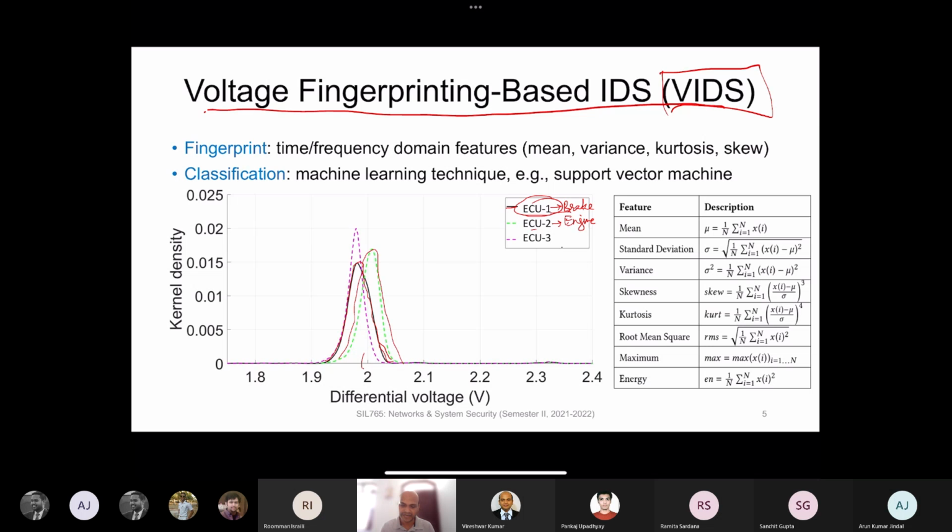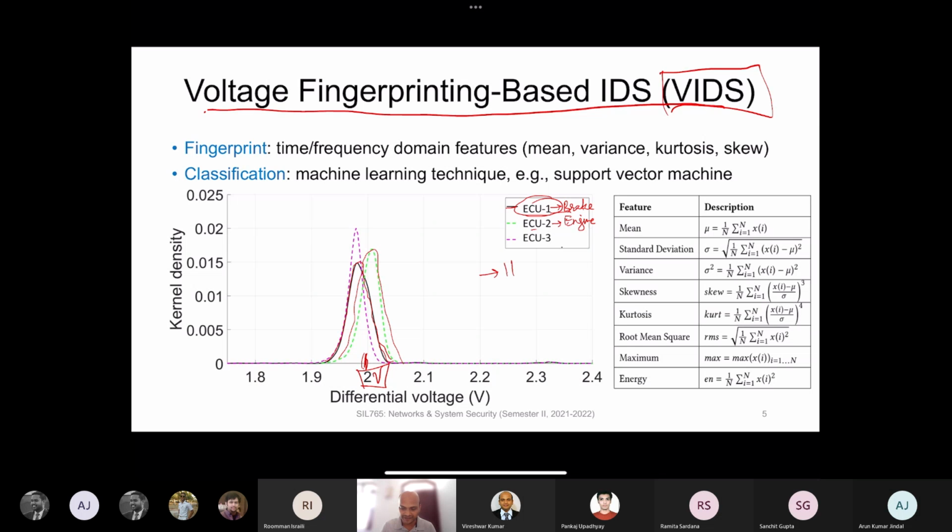And the difference between this black and the green and the other colored curves is that although they are trying to send a voltage value of 2 volt, that is the way in which the communication should have ideally happened, when they try to push this 2 volt, they are not able to send the exact 2 volt on the bus. So there is always some difference, and this difference comes because of multiple factors.